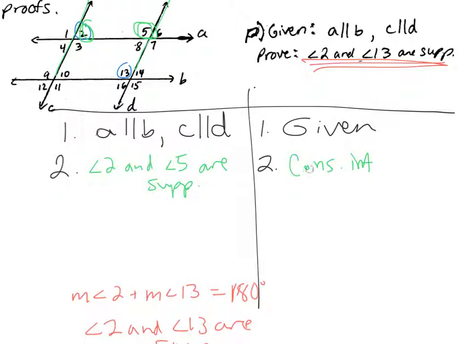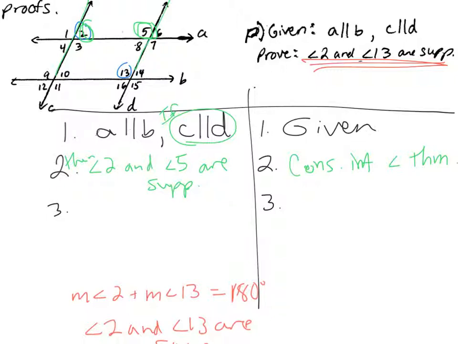And that's my consecutive interior angle theorem. If you're on your blue sheet, that is number 13 on your blue sheet. I'm summarizing the statement: if lines are parallel, then consecutive interior angles are supplementary. And we were using the fact that C is parallel to D there. So there's my hypothesis, and there's my conclusion, making that true.